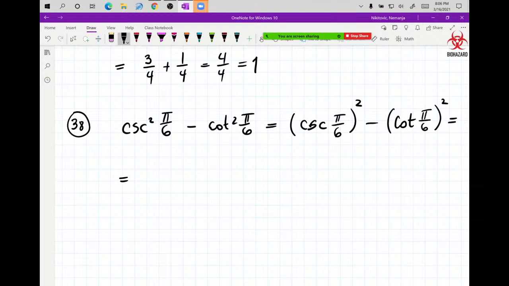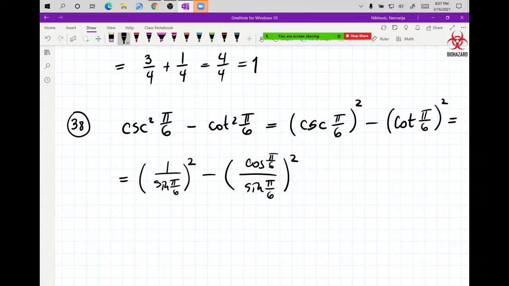And the reason we discriminate against these is that they can be turned into sines and cosines. So your cosecant is 1 over sine pi over 6, and your cotangent is cosine pi over 6 divided by sine of pi over 6. And all of that is squared.